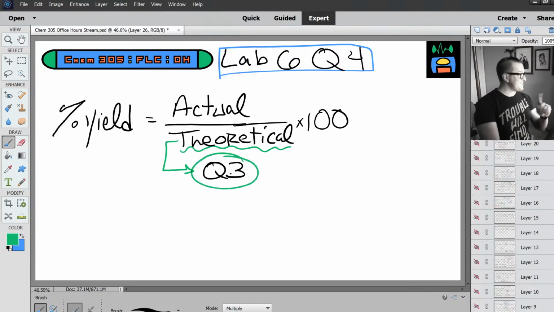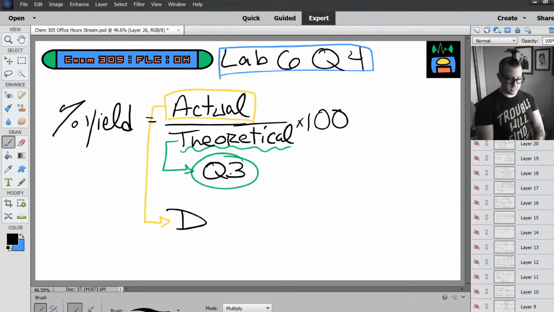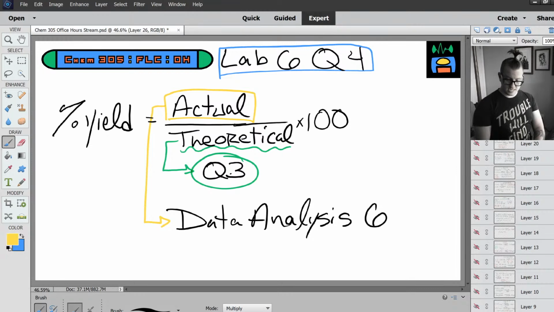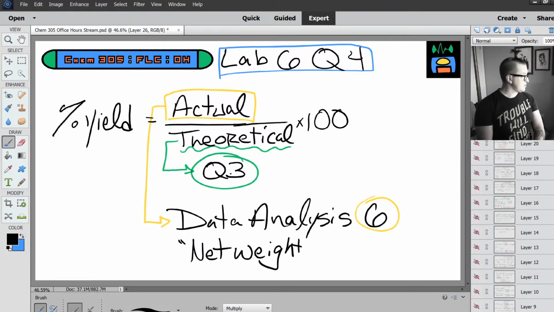Now the cool thing about your actual yield is that in data analysis 6, it's the whole net weight of the silver chloride precipitate.